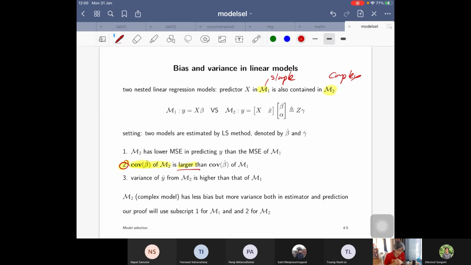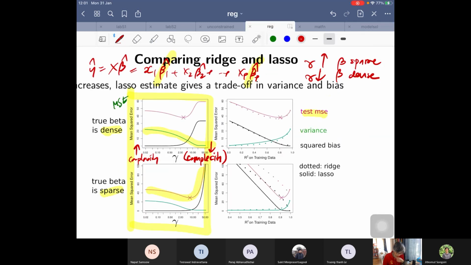But a good thing is that your complex model would have a lower MSE than the simple one, a lower bias error. So I want you to always keep this trade-off between complex and simple models in mind.